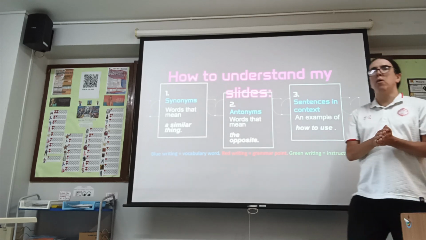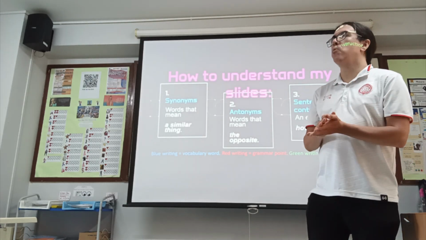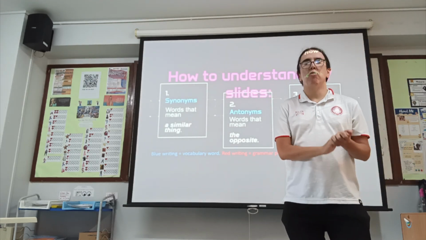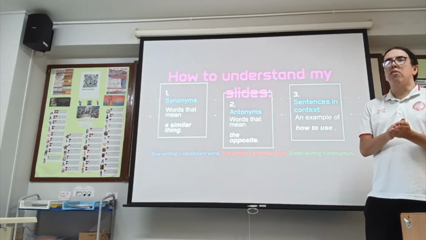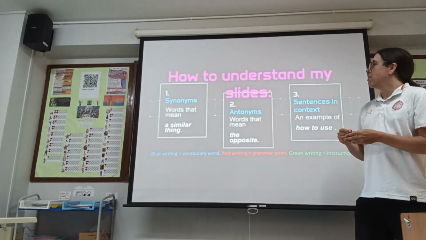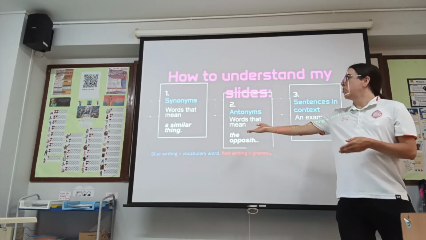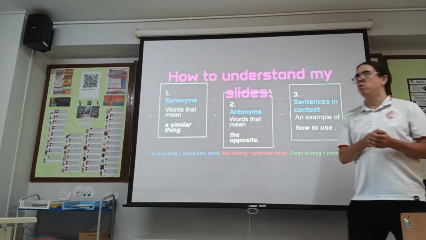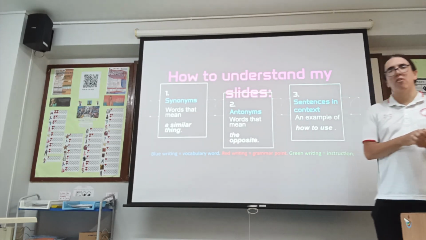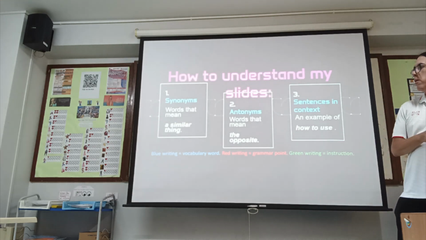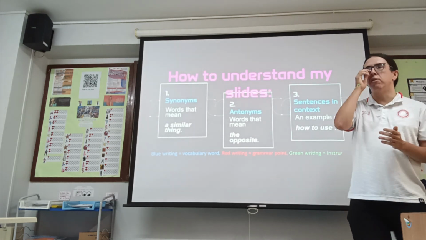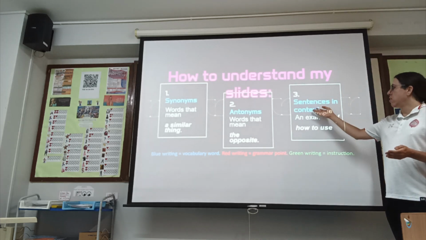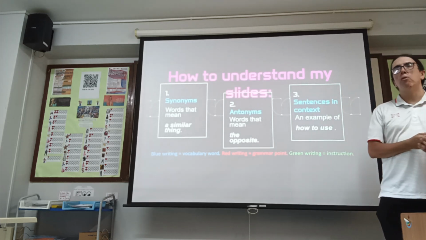Now, before I go on with this, I'm going to give you a quick recap of how to understand my slides. This is a vocabulary lesson, so you're going to see synonyms, which are words that have a similar meaning. Antonyms, that's words that mean the opposite. Sentence in context, that's an example of how to use.